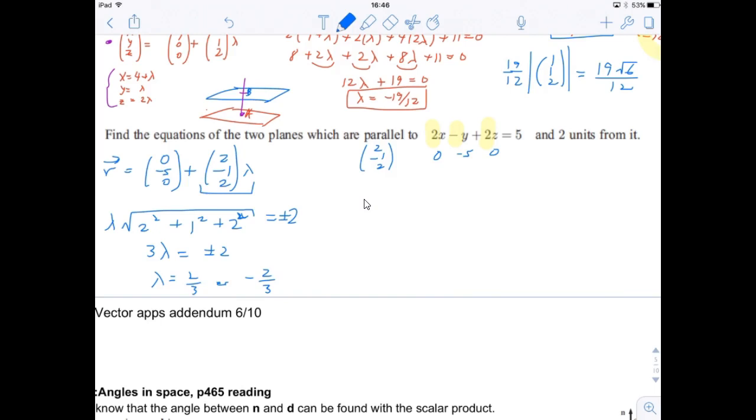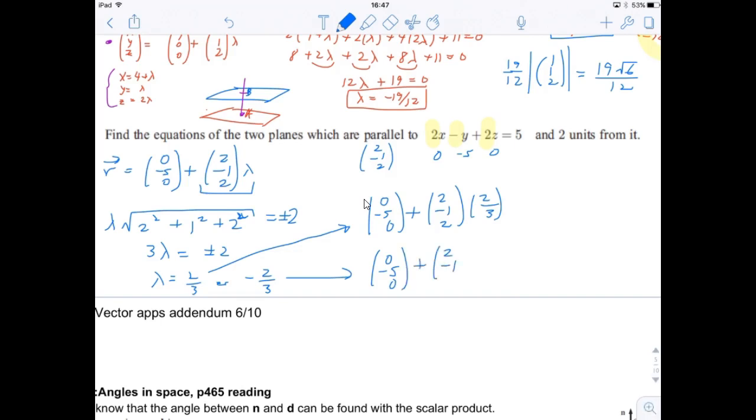Okay, and so let's see what are the 2 points that are related to lambda equals 2/3 and lambda equals negative 2/3. Lambda equals 2/3 we can find by doing 0, -5, 0, plus 2, -1, 2 times 2/3. And negative 2/3 would yield 0, -5, 0, plus 2, -1, 2, times negative 2/3.